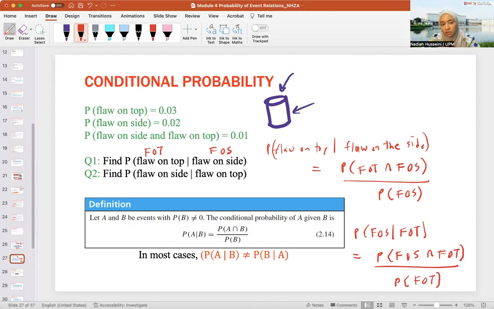Just by looking at this equation with the parameters, I know that the denominator is obviously not the same. So your friend is probably right. What about the probability of FOT intersect with FOS? Is this one the same or not the same?